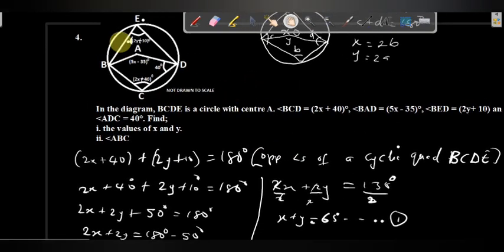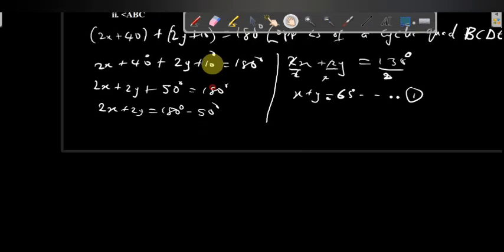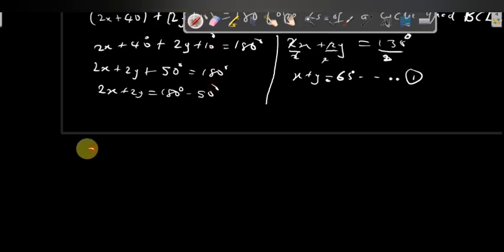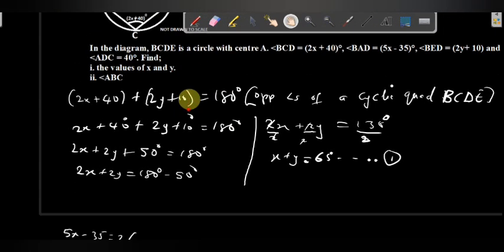Next, let's go back to this. Now we have made use of this angle. From here, you can see that this angle will be equal to twice this angle. That's 5x minus 35 is equal to 2 times this angle here, that's 2y plus 10.